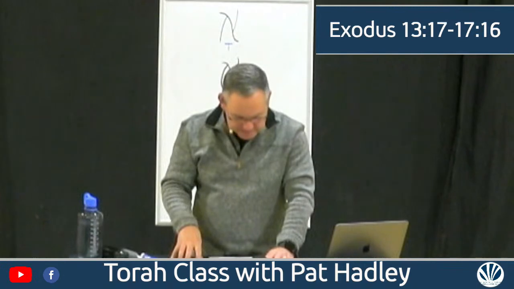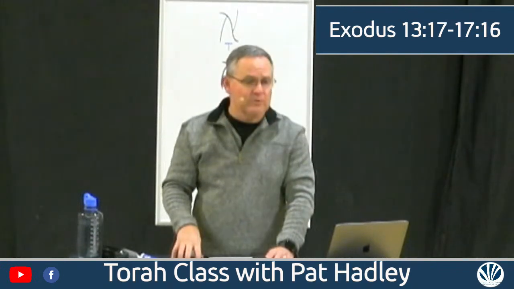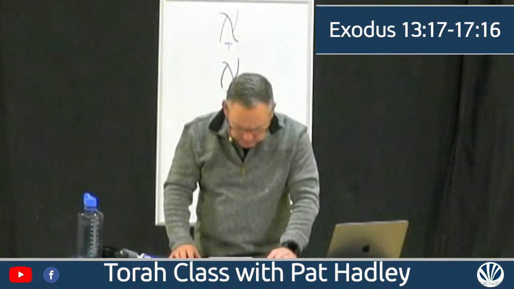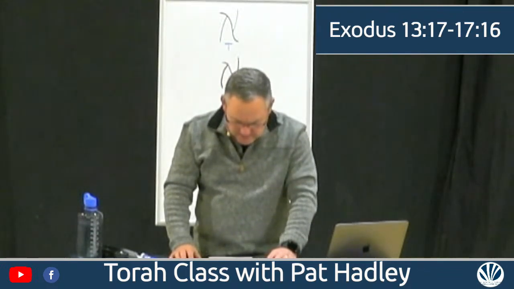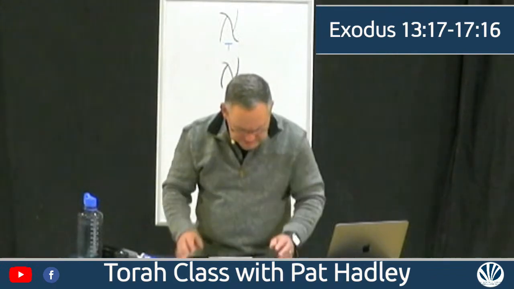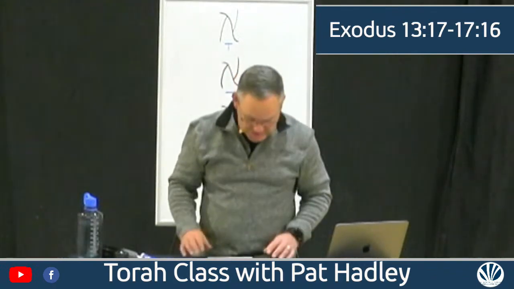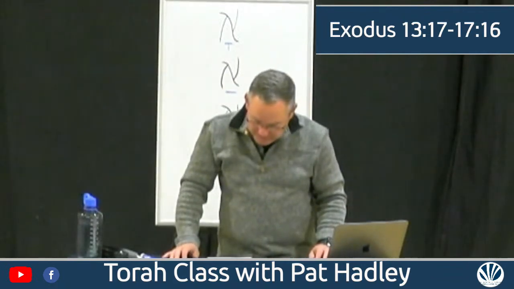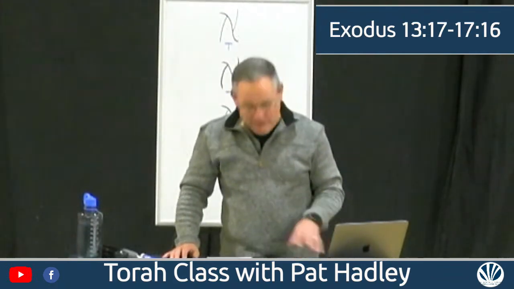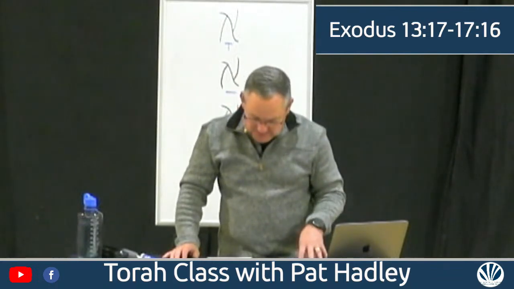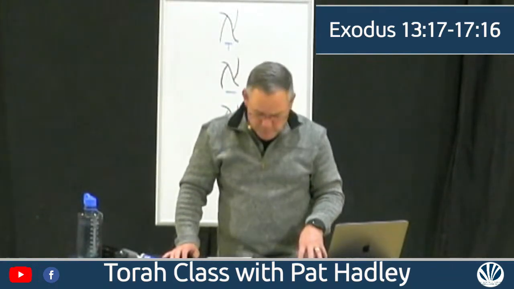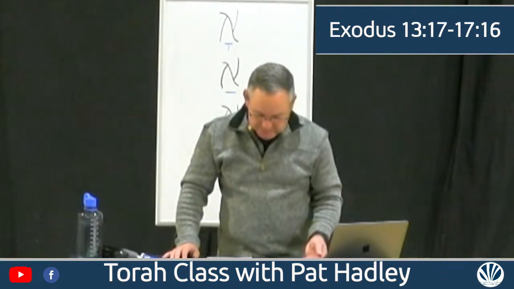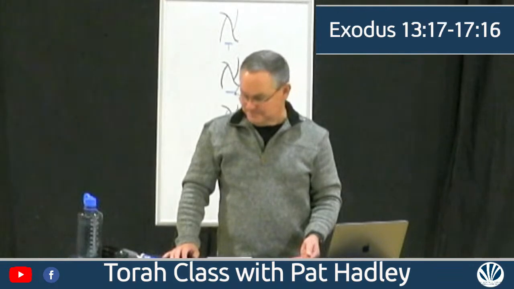God did not guide them to the highway that goes through the land of the Philistines because it was close by. God thought that the people upon seeing war might change their minds and return to Egypt. Rather, God led the people by a roundabout route through the desert by the Sea of Suf. The people of Israel went up from the land of Egypt fully armed.